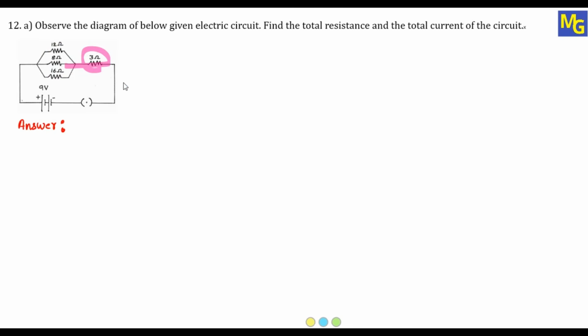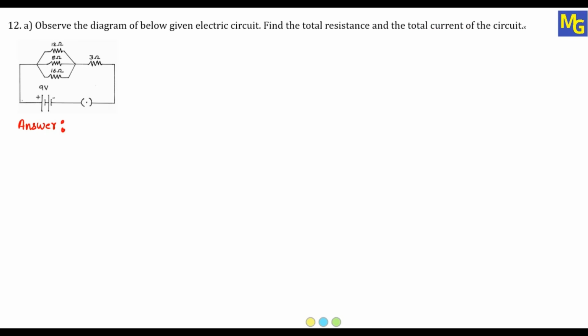By using the series combination formula, we find the effective resistance for these two. That answer is our total resistance. Once we get the total resistance, we can use it to find total current by using Ohm's law. So let's start solving.